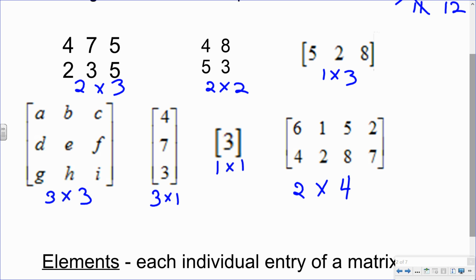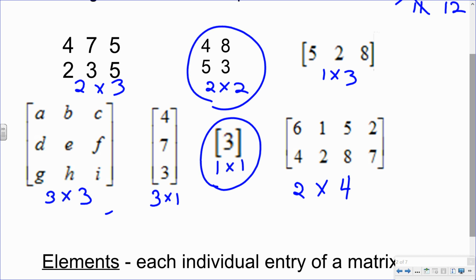Now, the 1 by 1, the 2 by 2, and the 3 by 3 are special because they are all square matrices. And we're about to do something that we can only do if it is a square matrix. We are only going to do this for 2 by 2 matrices. A little bit later on this semester, we'll learn how to do this for 3 by 3s.